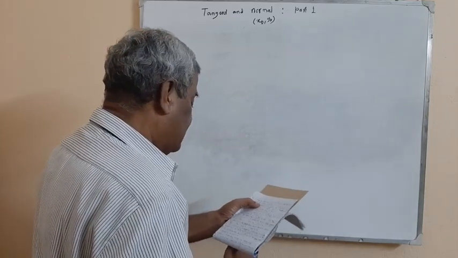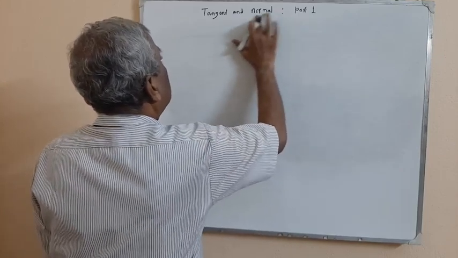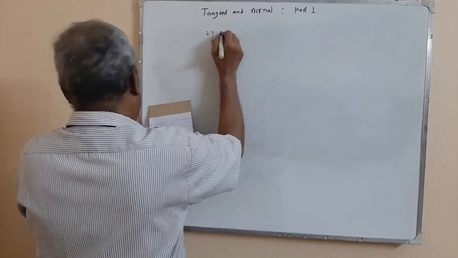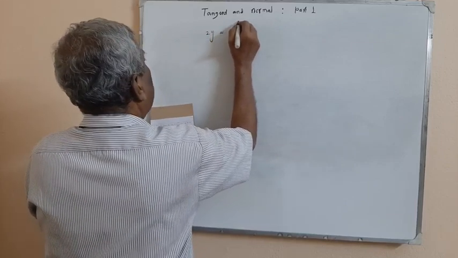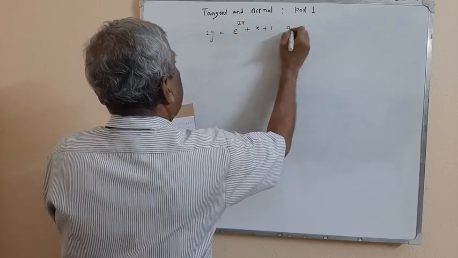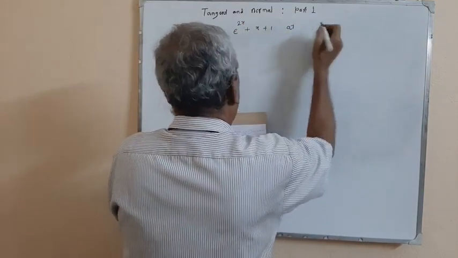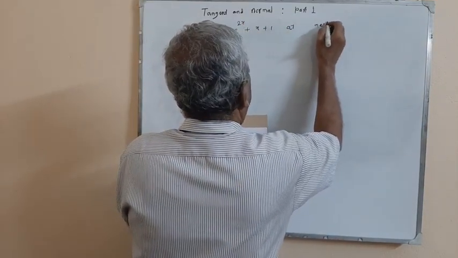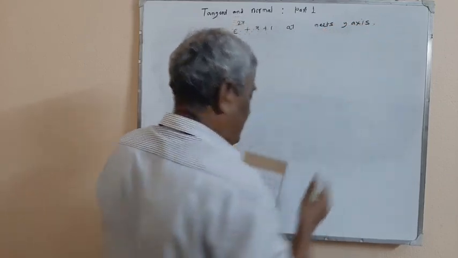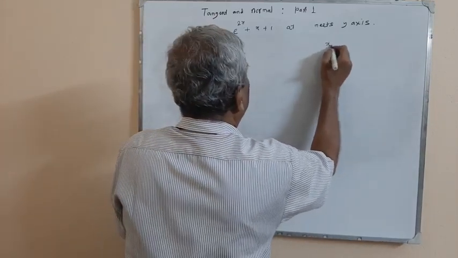First problem is: find the equation of the tangent of the curve 2y = e^(2x) + x + 1 at the point where it meets the y-axis. Y-axis means x = 0.